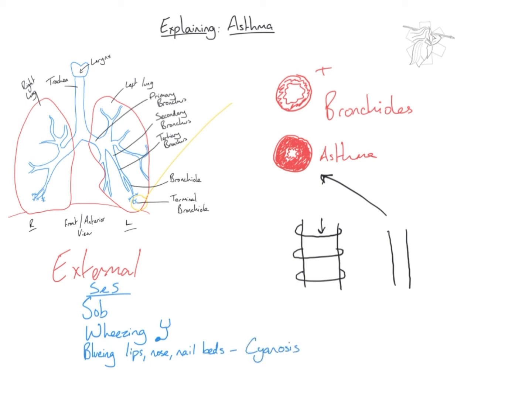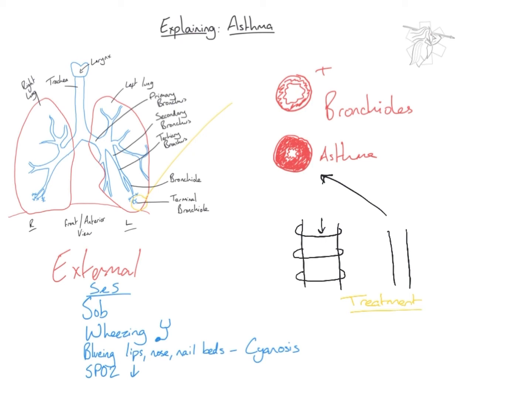If we're using oxygen saturation monitoring, so that's the probes that we attach to fingers or ears to measure the percentage of oxygen in the blood, then this SpO2 we would expect to be lowered. So that's a couple of the symptoms. There's obviously more, all that you'd expect to see in somebody struggling to breathe, not speaking in full sentences, potentially altering their position so they can breathe more easily, etc.